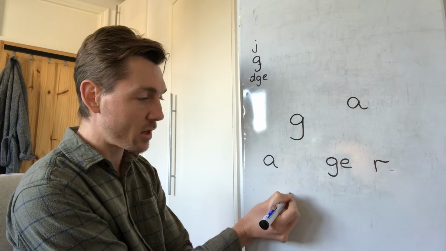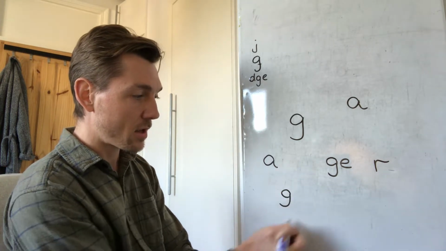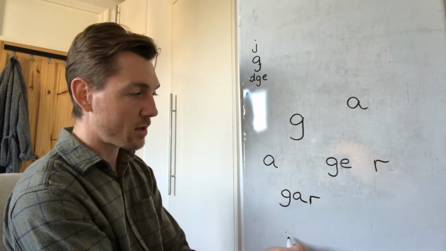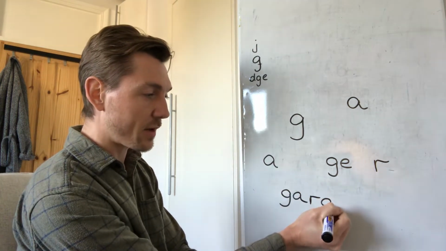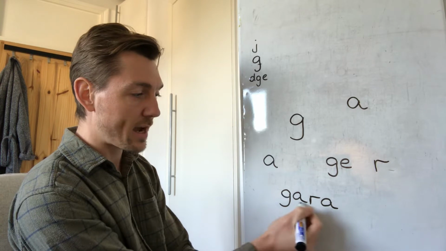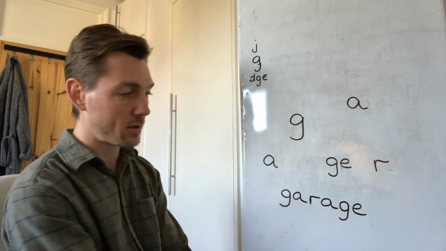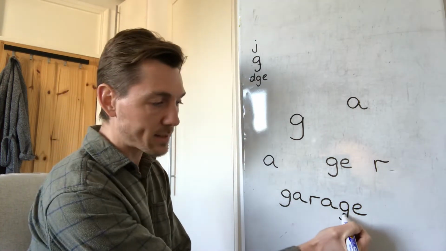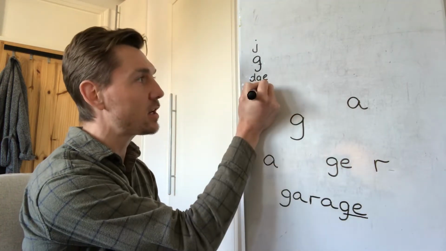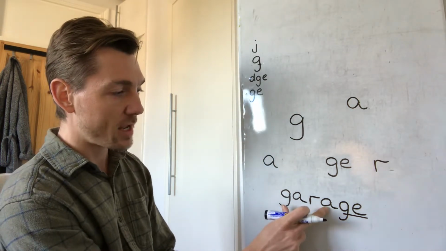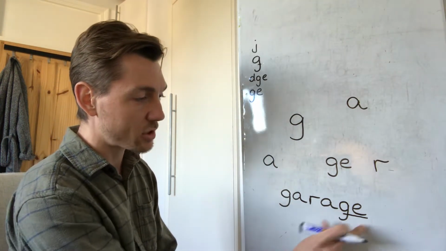We have g, a, r, a spelling of I, garage. And of course we've got that two-letter spelling of j, G and E, that we found yesterday. G-A-R-I-J, garage. Okay.